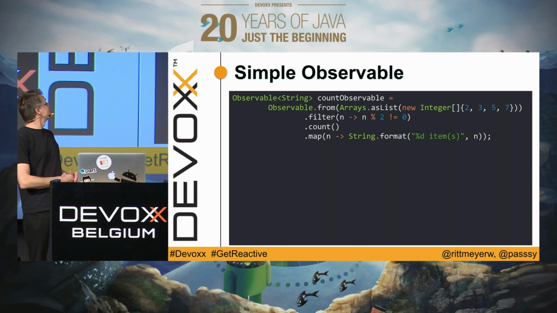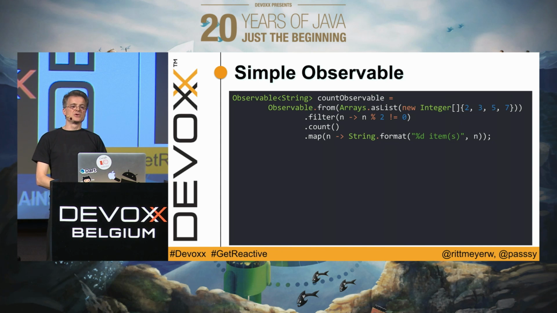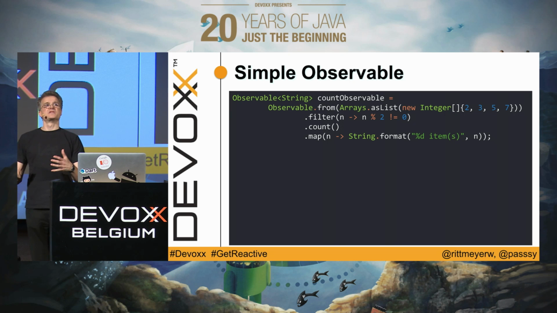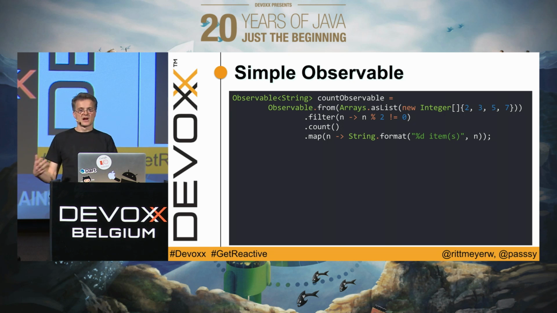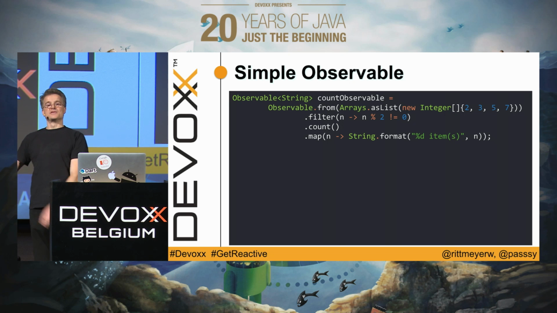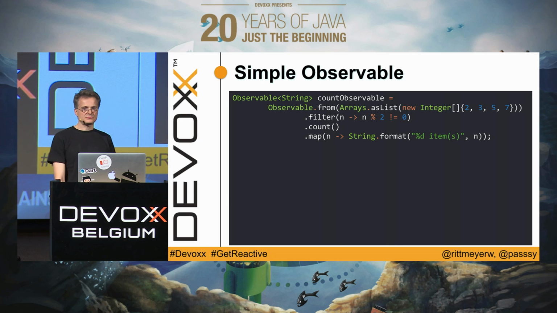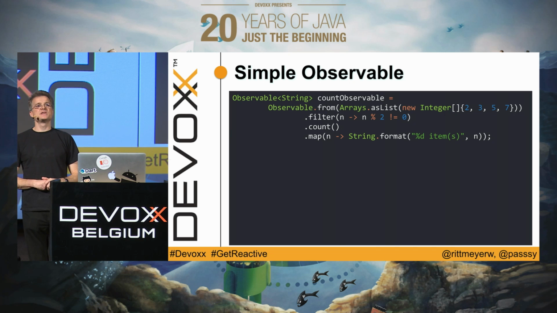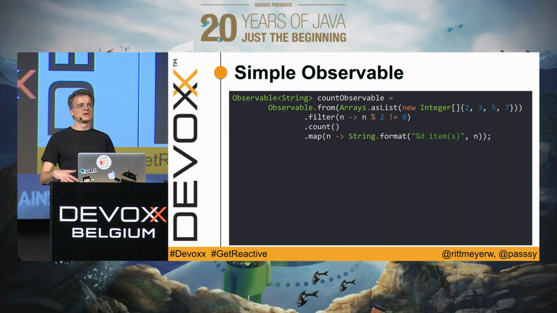Now, first, let's see some code. This is a simple observable. At the very top, you create the observable with Observable.from. It can take a list of objects, it can take an array, and it emits those items. And below this are three operators. The first operator is the filter operator that throws away one of those items.